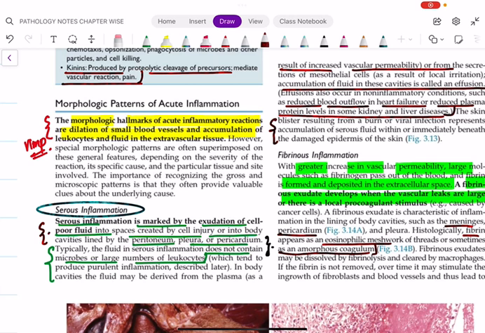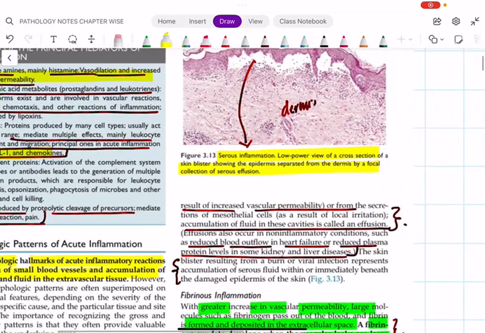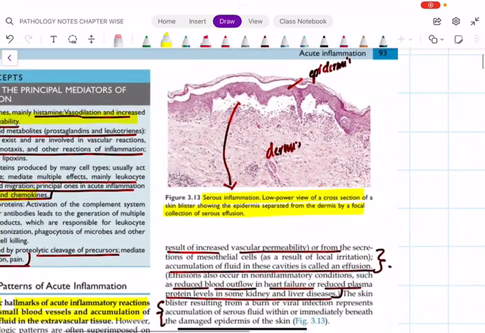Remember, the serous inflammation does not contain any microbes or leukocytes. Why does this inflammation occur? Because of increased vascular permeability, there will be accumulation of fluid in the cavity. We call it effusion. Am I right? Pericardial effusion, pleural effusion, all those.